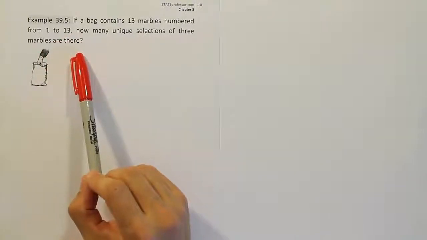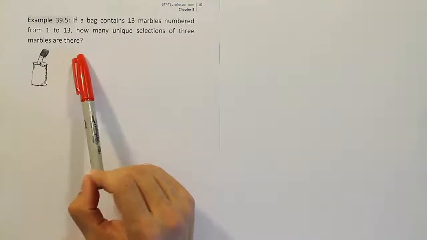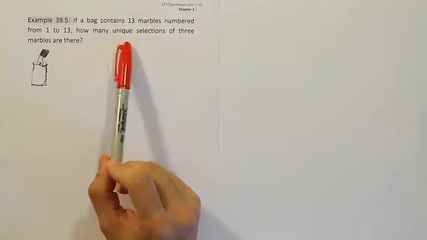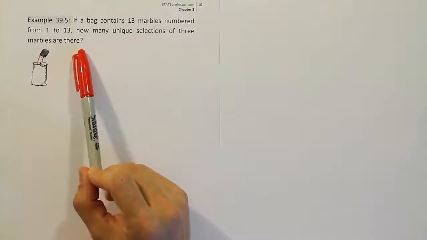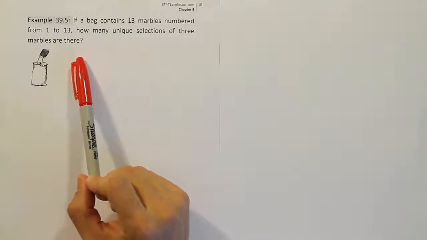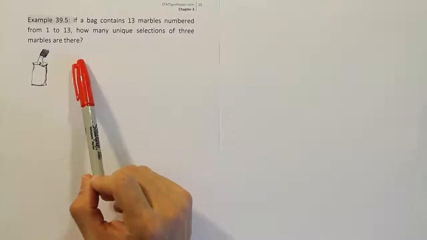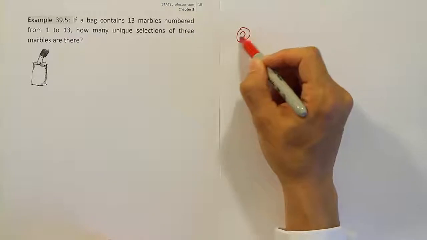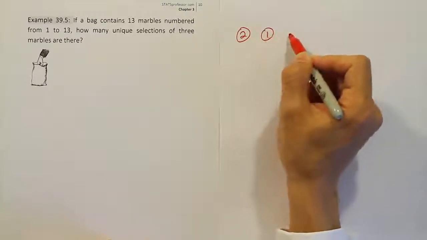The only other thing I have to check is if order matters in the problem. Is there any indication that order makes a difference? It says how many unique selections of 3 marbles are there. So in other words, they're not saying that I have to worry about what order they come out in. Imagine if I got the marbles 2, 1, 3.